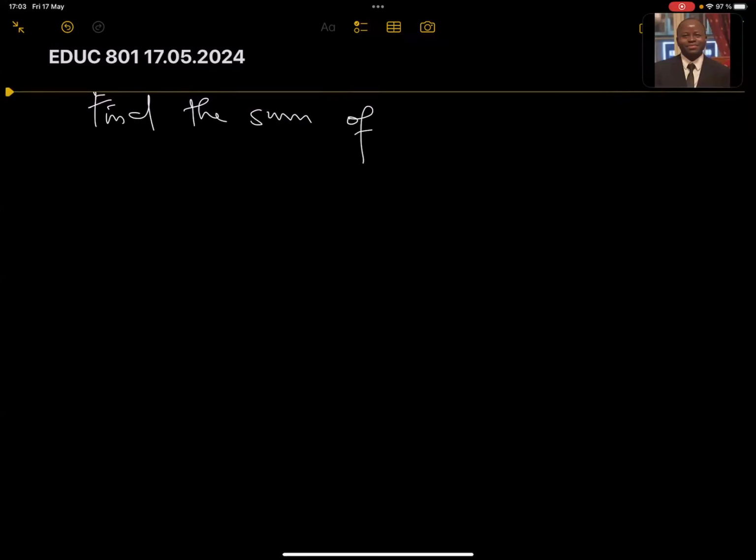For instance, this question says: find the sum of 0.004 plus 1.310 plus 4.09.